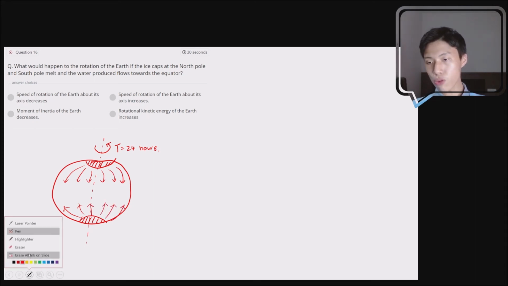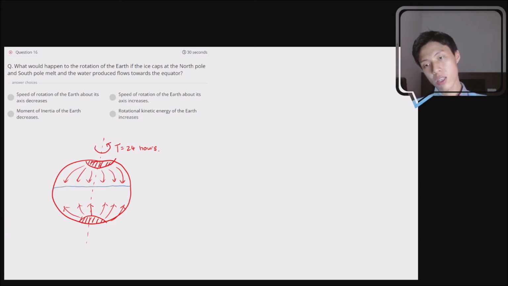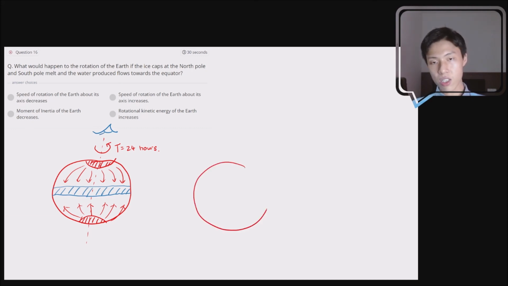So if I use blue to represent the after situation, now the ice cap has melted into water, and that mass has been transferred to the equator. Now if I view the whole situation from the top, this is a top view.